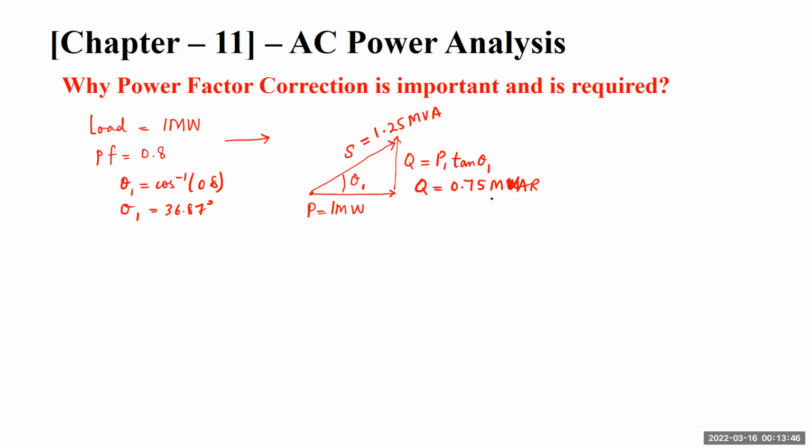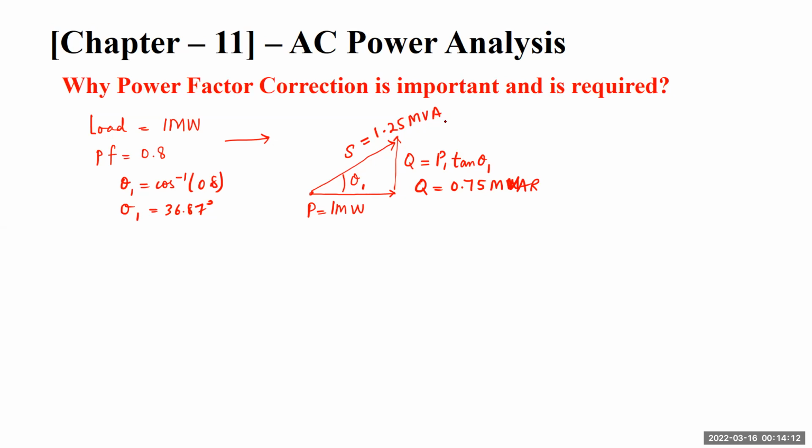Say this is 1 megawatt of load for an industrial load, or a small village load. In order to supply this load at this power factor, you need a generator of 1.25 MVA.